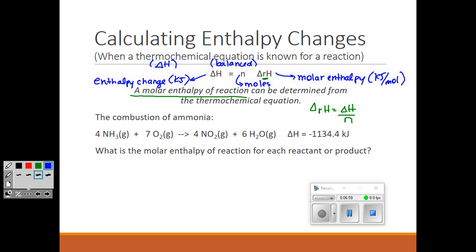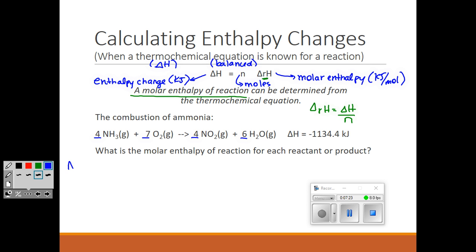In this reaction, all of these substances have coefficients in front of them. And remember, the coefficient is going to tell us how many moles of a substance there is. So we're going to determine the molar enthalpy for each reactant and each product in this reaction. I'm going to do the first one, and then you're going to do the other three yourself.